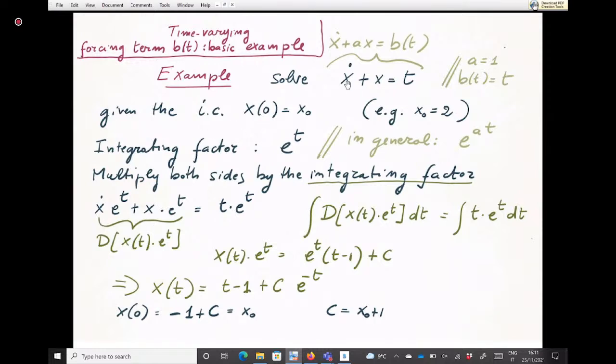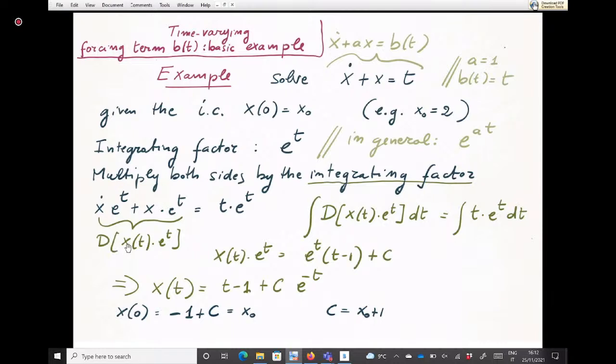If I multiply the left side and the right side by exponential of t, I obtain this one. But this one is just the derivative of x times exponential of t. By the product rule, the derivative is x dot times exponential of t plus x times the derivative of exponential of t, which is again exponential of t.